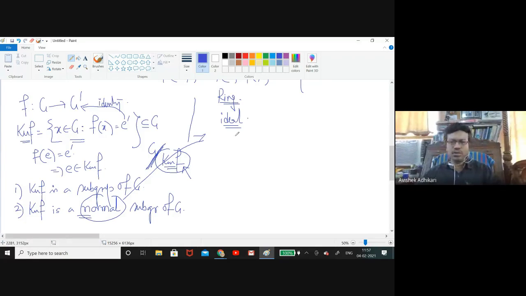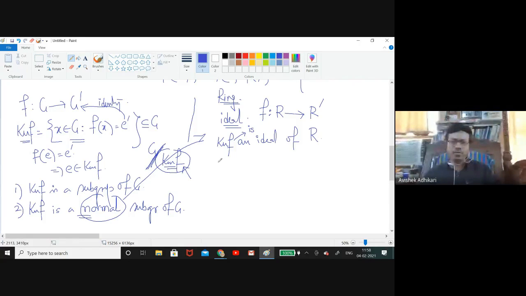So here also you can prove that if F is a ring homomorphism from a ring R to R dashed, then ker F must be an ideal of R. That's not very difficult.